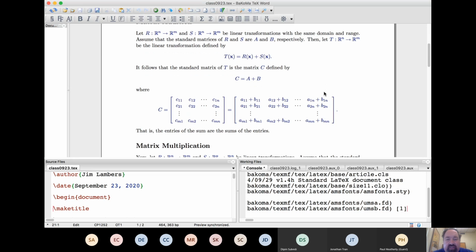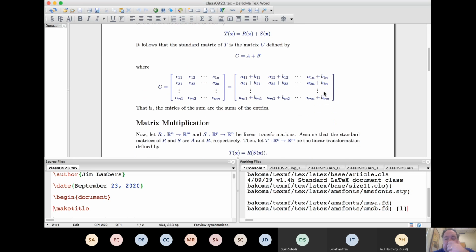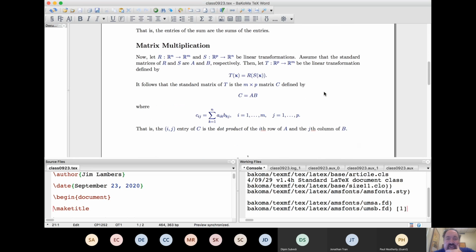But the other one, definitely more of a pain, is matrix multiplication. And that comes from a different combination of linear transformations, composition. So here I have transformations of different spaces. R takes in n inputs and has m outputs, whereas S takes in p inputs and has n outputs.